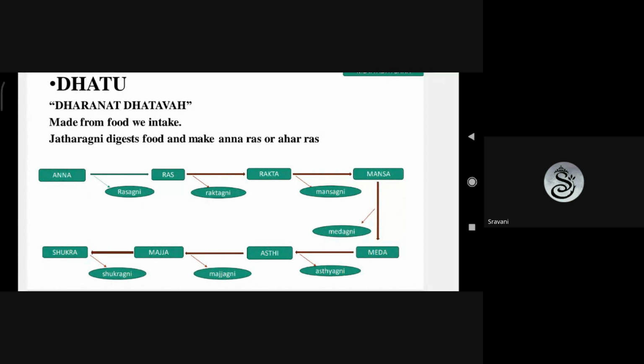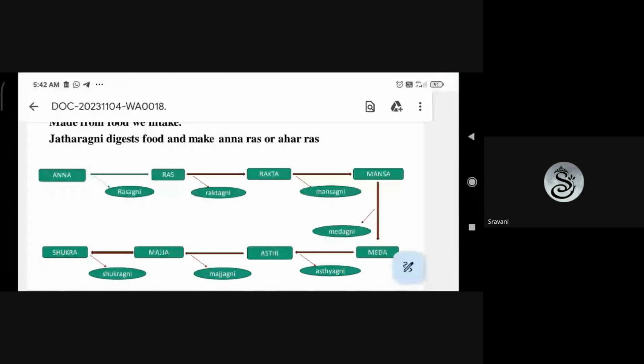Okay, now from annaras, Rasagni is converting it into ras. Then from ras, the dhatus are starting. So from ras, Raktagni is converting it into rakta. Okay.